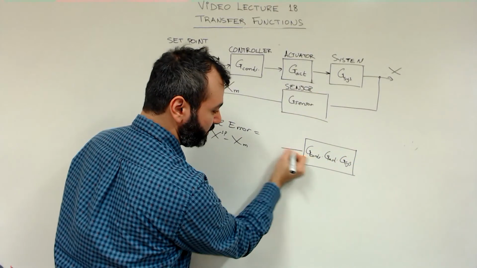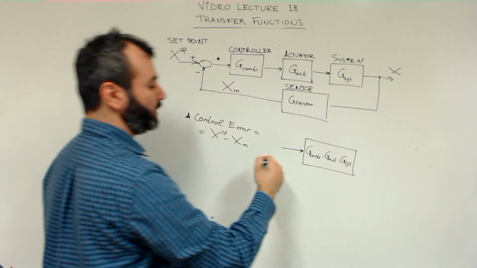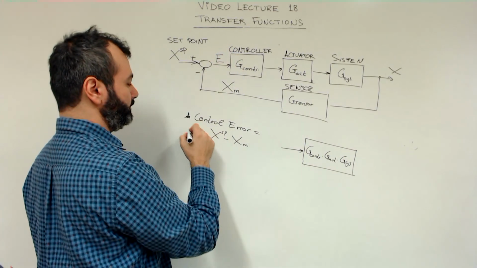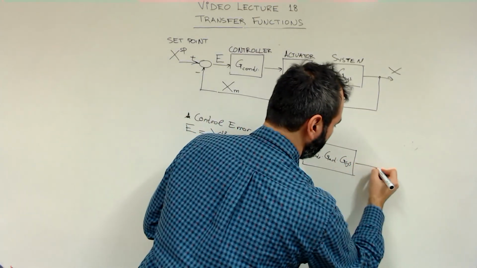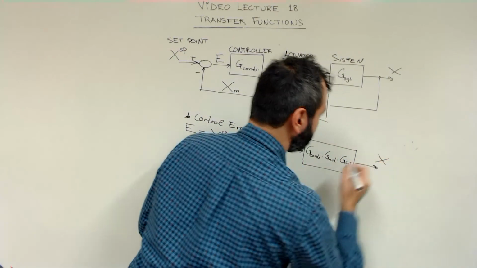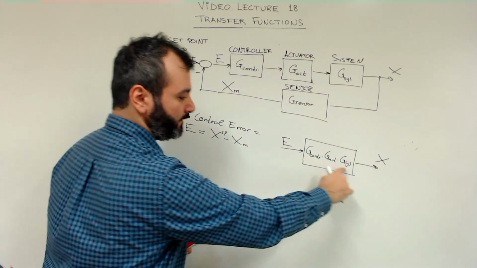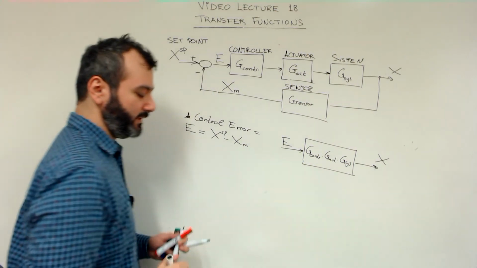And this describes the relationship between this signal over here, the control error, let's call this E, and the output of the system, X. So these three functions can be described by a single transfer function like that.